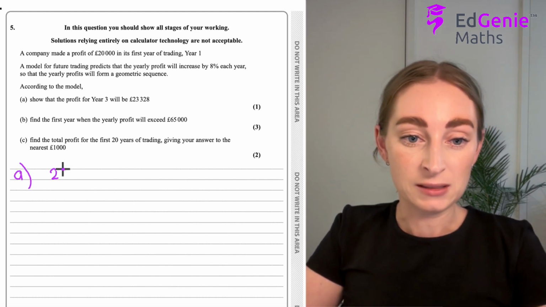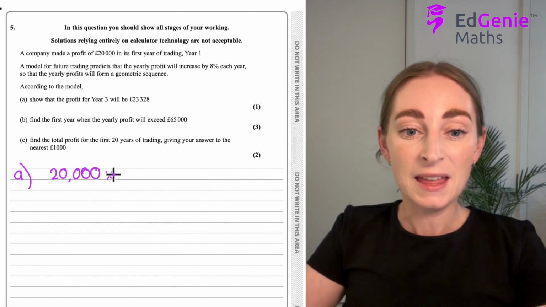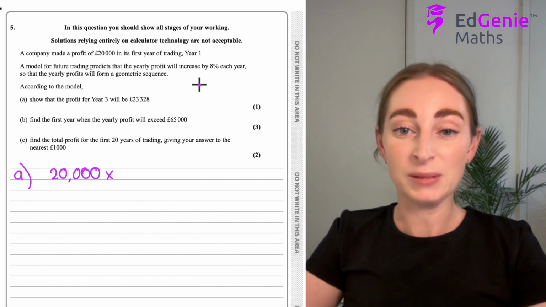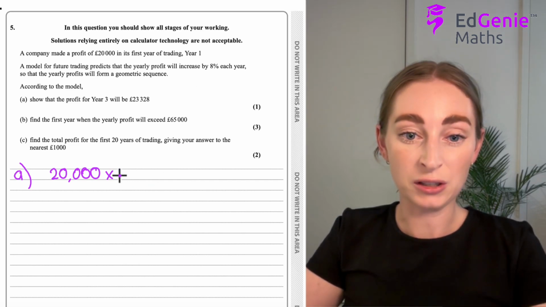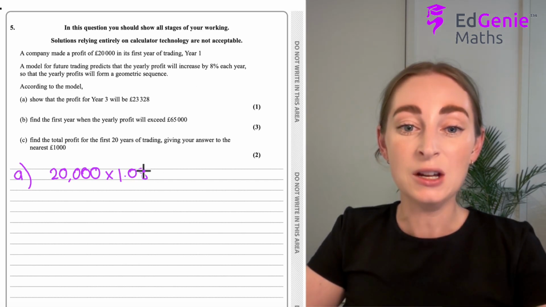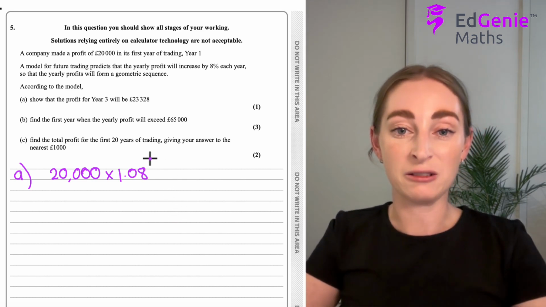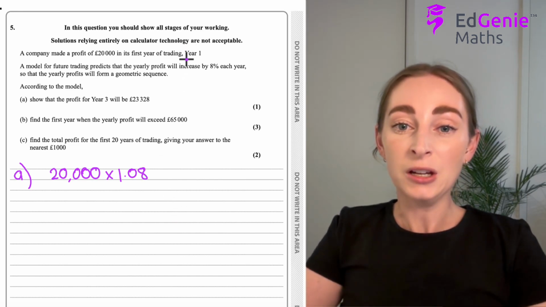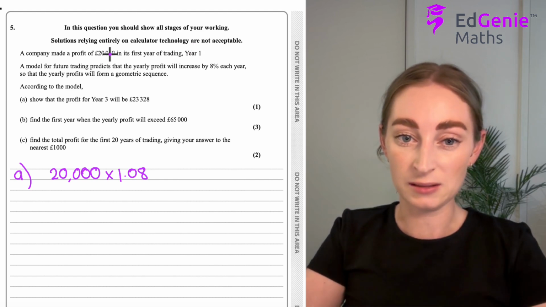So we are starting with £20,000. If we are increasing by 8% each year, that means that every year you're going to have 108% of what you had the year before. So as a decimal, that's 1.08. Because we're starting at year 1, we have 20,000.